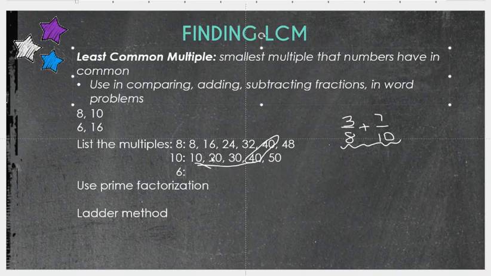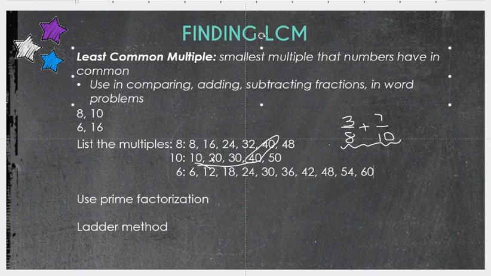And so for 6, they'll go 6, 12, 18, 24, 30, 36, 42, 48, 54, 60, and then they'll go to 16, and that'll be a little bit harder because they don't know their 16s. 16 is 16, and then 32, and then 48, which is awesome. Hey, 48's there already. They don't have to keep listing and listing and listing.